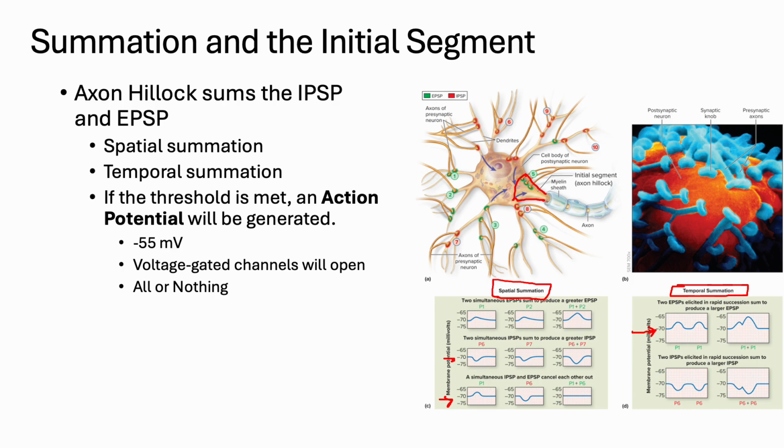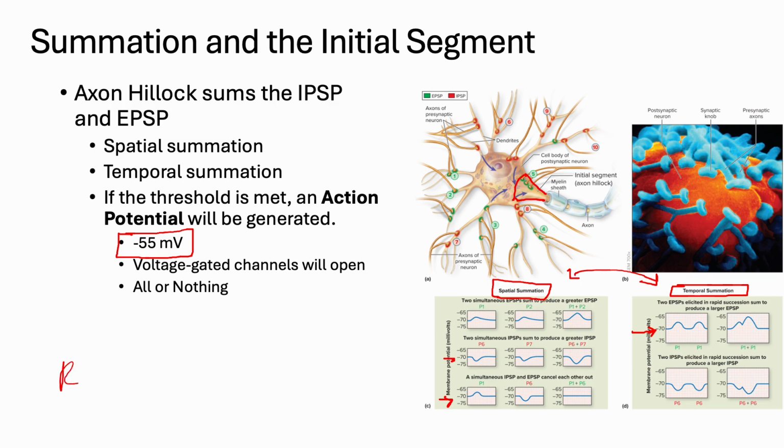And then the two IPSPs also added together make it less likely that an action potential would move forward. So in reality, these are both occurring at the same time, and the summation is occurring at the axon hillock.